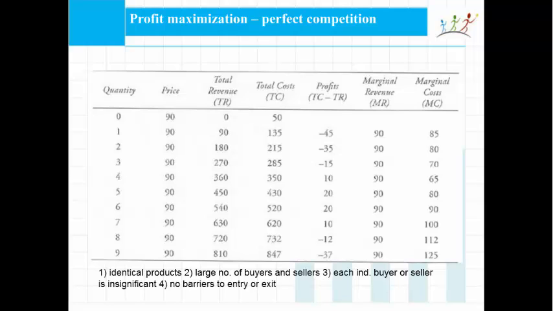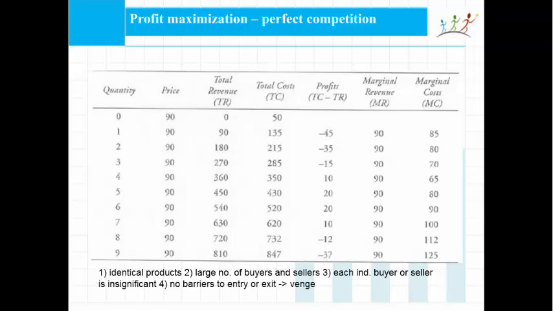So let's take an example. What market would behave or we think is like a perfect competition? There are no barriers to entry or exit. That means capital is not required. Very large number of buyers, very large number of sellers, exactly the same product. It's not similar, it's an identical product.